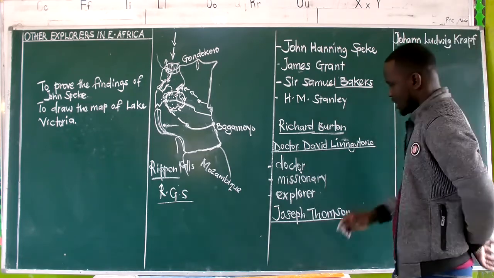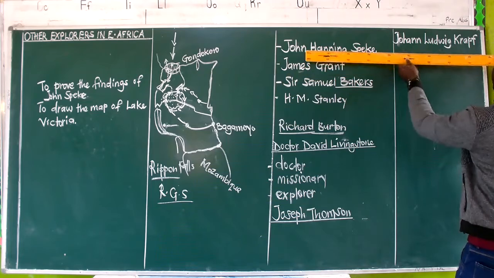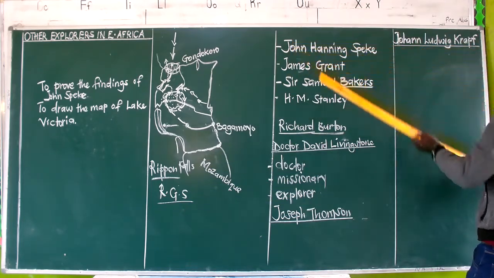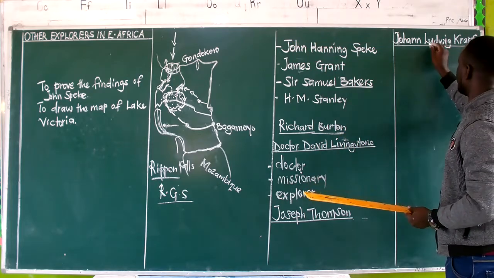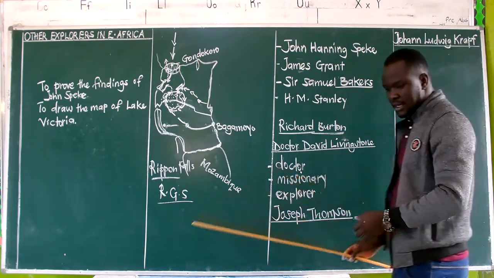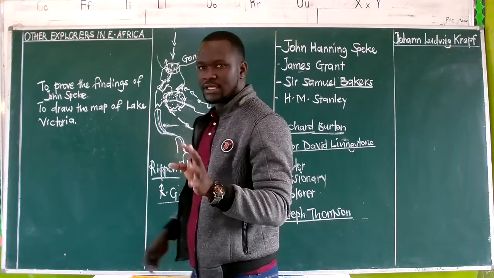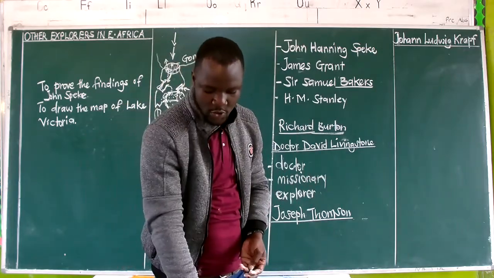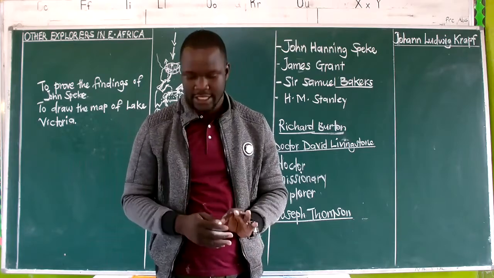That is the name that we are having for that gentleman, Johann Ludwig Krapf. I want you to check in your book, Ludwig, letter L is missing and it begins with U. It was a printing error. So kindly put that L before the U so that it becomes Ludwig Krapf.